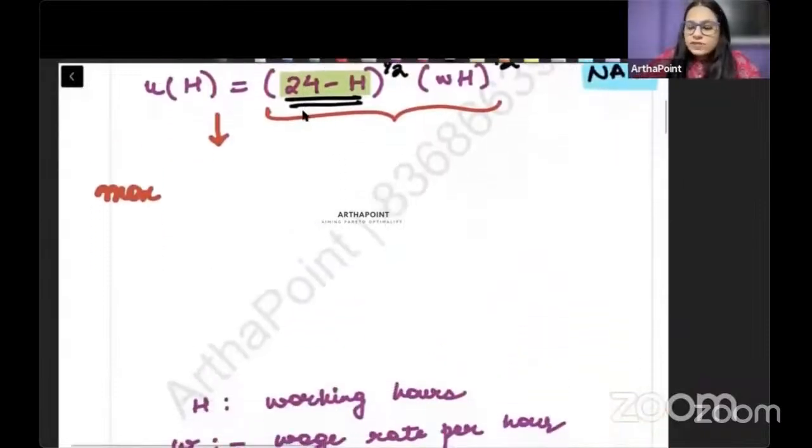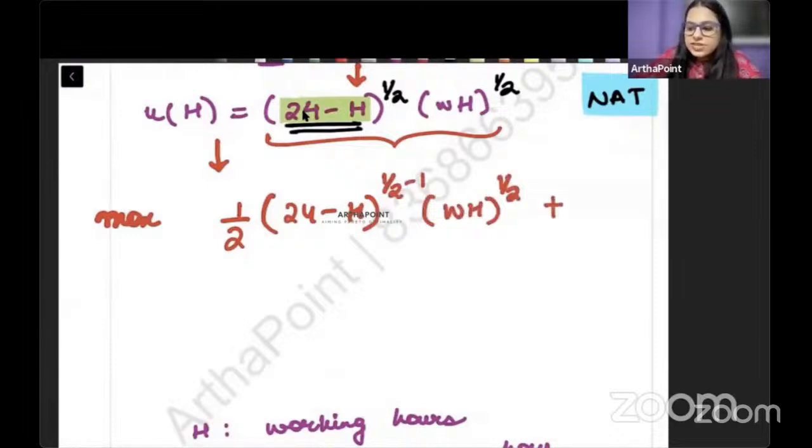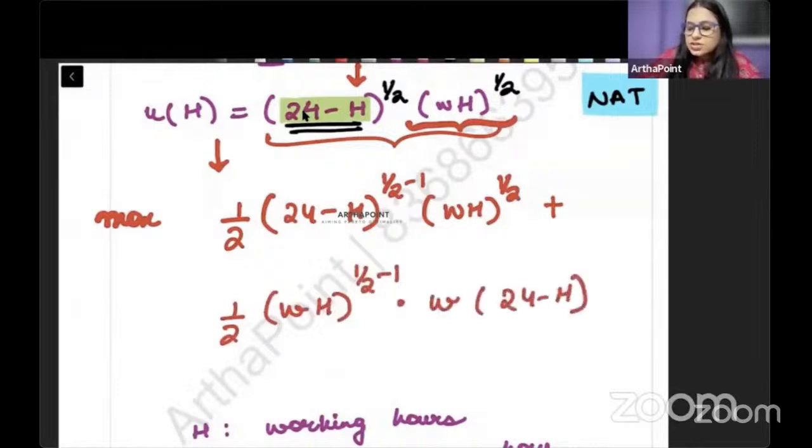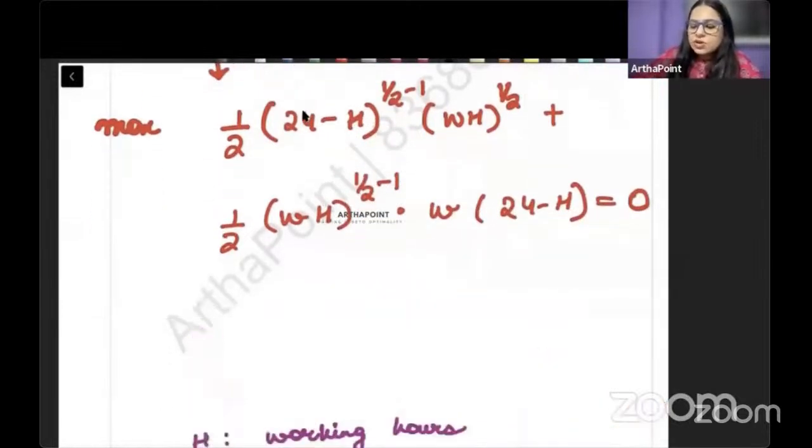So when I do this, power will come down, power will reduce by 1, into the second function as it is, plus differentiation of the second function. So I will have again power come down, power reduce by 1, into w into the first function as it is, and equate it to 0. And from here, get the value of h.